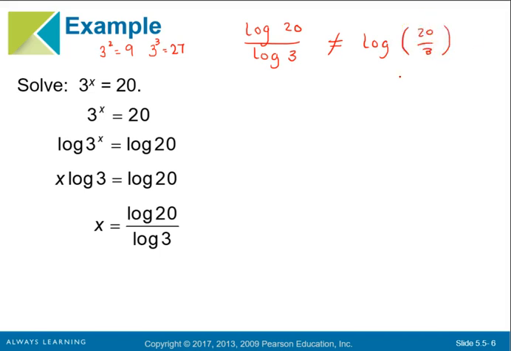This is a change of base formula, if you stop and think about it. I realize that's not what our original intent is, but we can't just do this step. It doesn't work. So we actually have to find the values of log base 10 of 20 and log base 10 of 3, and then do the division. That's going to give us a very different value than if we were to try just plain old log of 20 over 3.